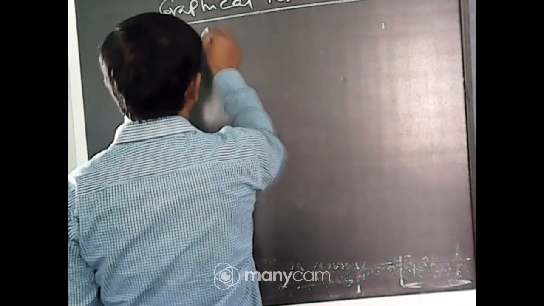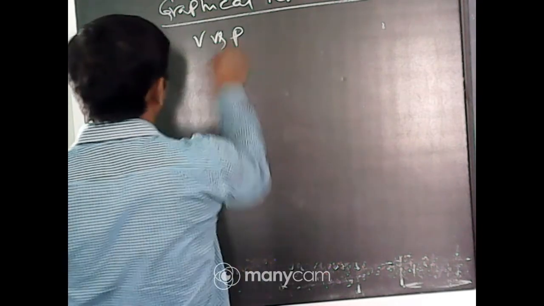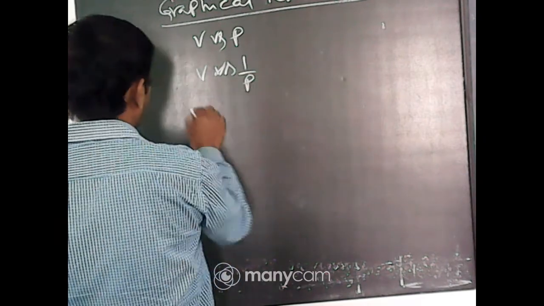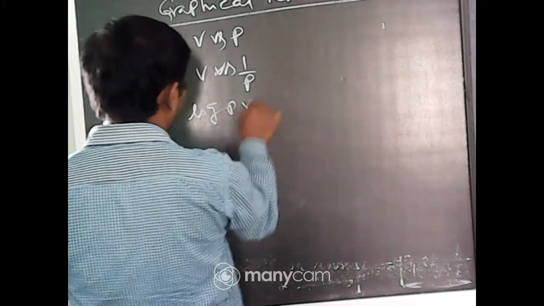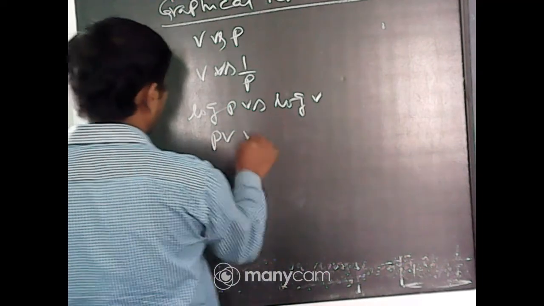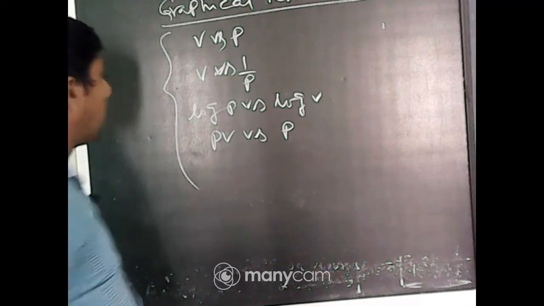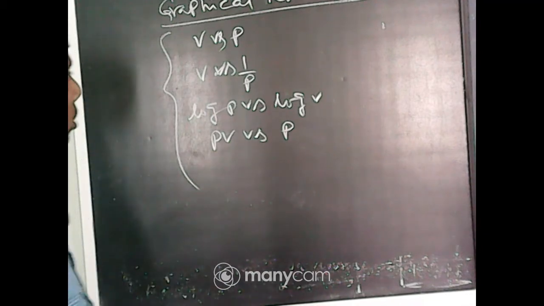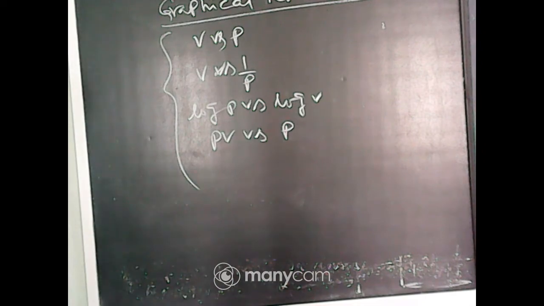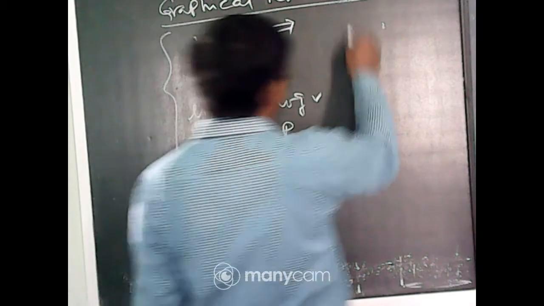So for this, the plots are: V versus P, V versus 1 by P, log P versus log V, and PV versus P. These are the plots we have to know. So first of all, V versus P. V versus P comes directly from Boyle's rule.